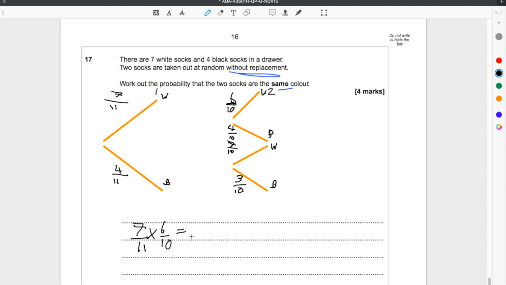Okay? And that's 21 out of 55 as a fraction. Now we could get 2 black socks, so that's 4 out of 11 times 3 out of 10, just multiplying along the branches, okay?